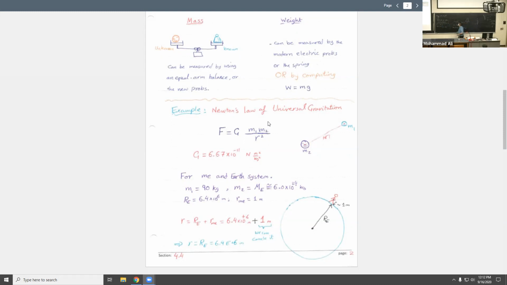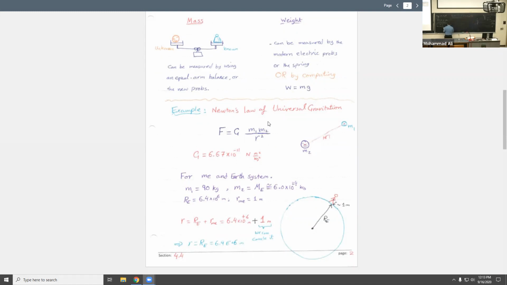Now we will talk about g small and G capital in general. We have Newton's law, which is the general law of universal gravitation.